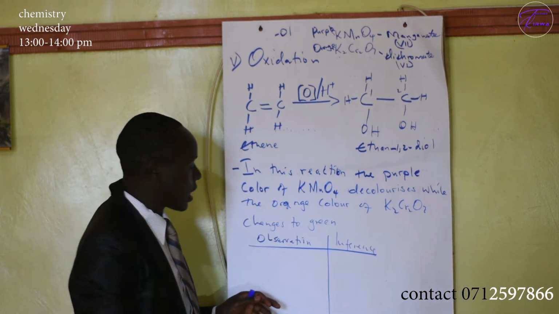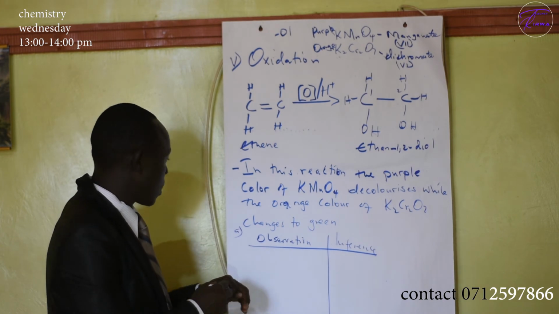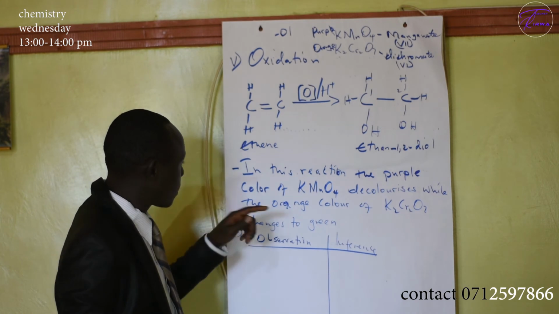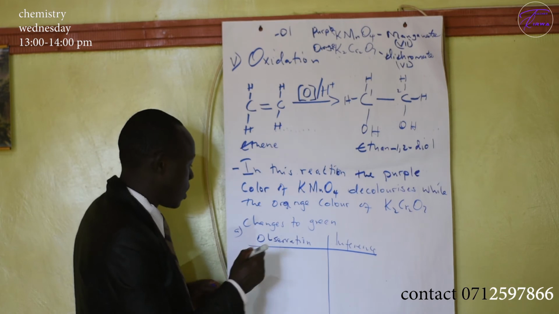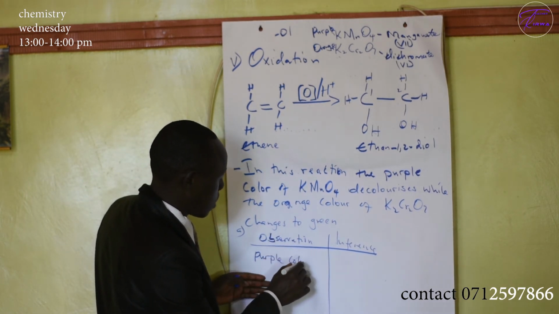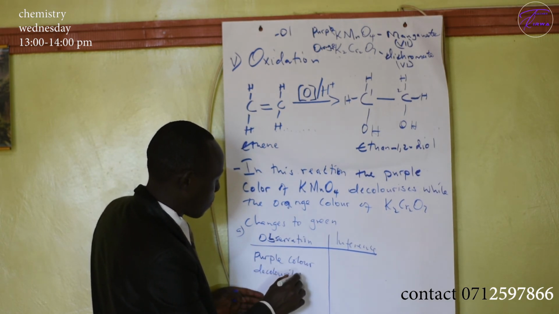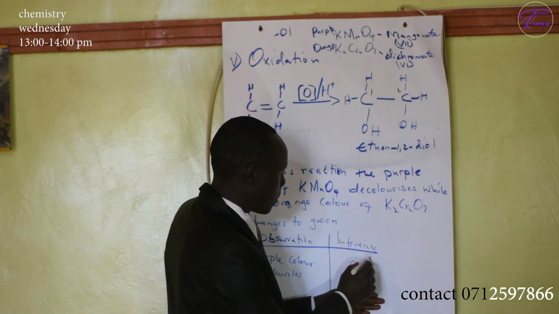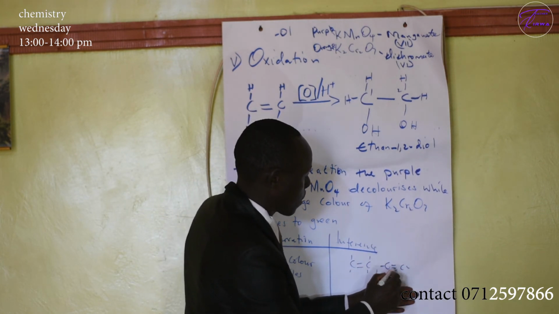For those who have already done this, you are told in the procedure to put 2 cubic centimeters of the substance in a test tube and then add 2 cubic centimeters of potassium manganate(VII). Then your observation is: purple color decolorizes. Okay, so the inference is you have a double bond or triple bond present.